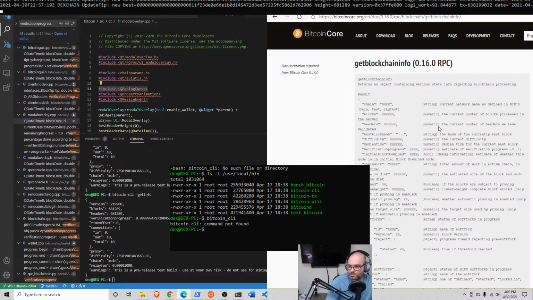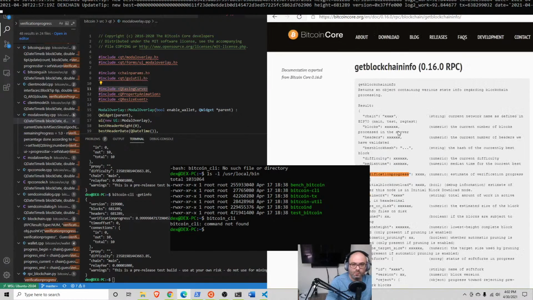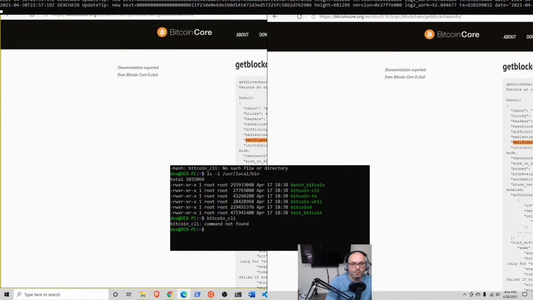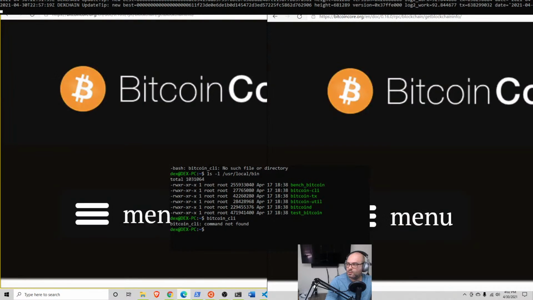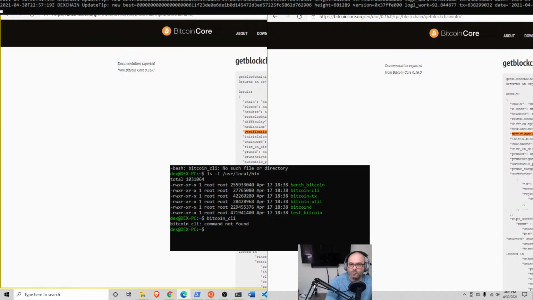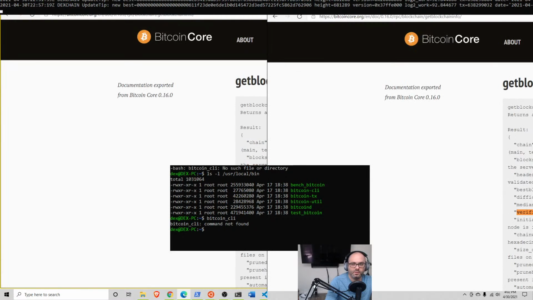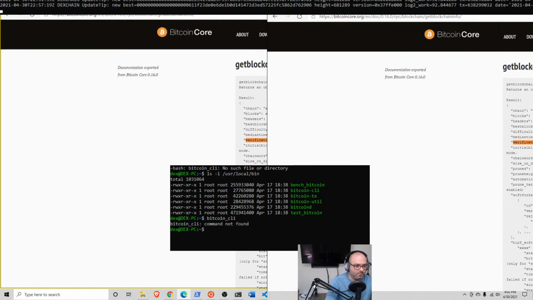It's almost impossible to use this, to be honest with you. I can't read anything. It won't even give me what percentage I'm on right here. This is so stupid.